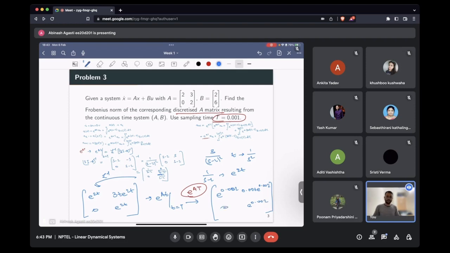This is the discretized A matrix. If you find out the values, actually, I've run out of space. Just a minute.